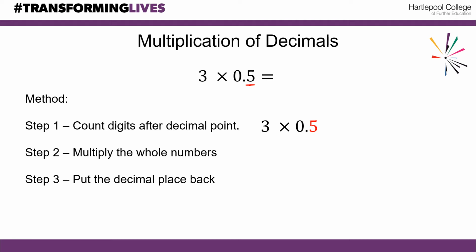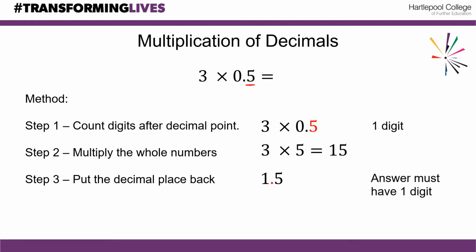Okay, so 3 times 0.5, there's 1 digit after the decimal place. Multiply the whole numbers, so 3 times 5 is 15, and then put the decimal place back. So I need a total of 1 digit in my answer after the decimal place. So 15 becomes 1.5. Now this method will work for anything, regardless of how complicated the numbers are, as we should see.